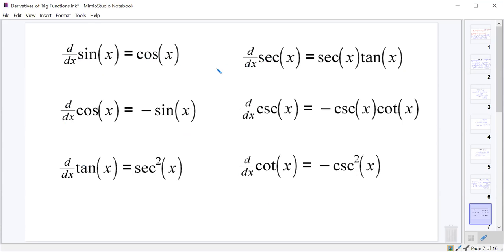And when I talk about the not regular ones, what I really mean is the co-trig functions, cosine, cosecant, and cotangent, all come out with a negative from their derivative. So sine, tangent, secant, the ones that don't have a co in front of them, are all positive derivatives, and the ones that have the co in front of them all have negative derivatives. An easy way to help you remember which ones have positives and negatives, perhaps. Everybody see that and good with that?